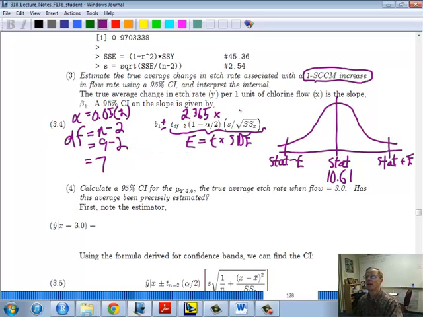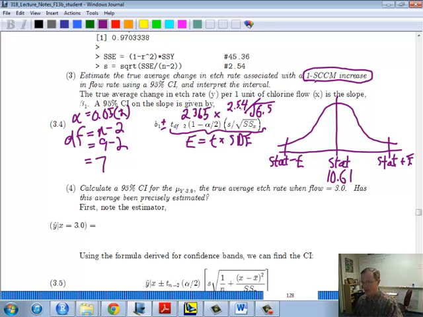Okay, now the standard error, we already found that. I'm sorry, we found the standard deviation, and then we found the SSX, which was root 6.5.